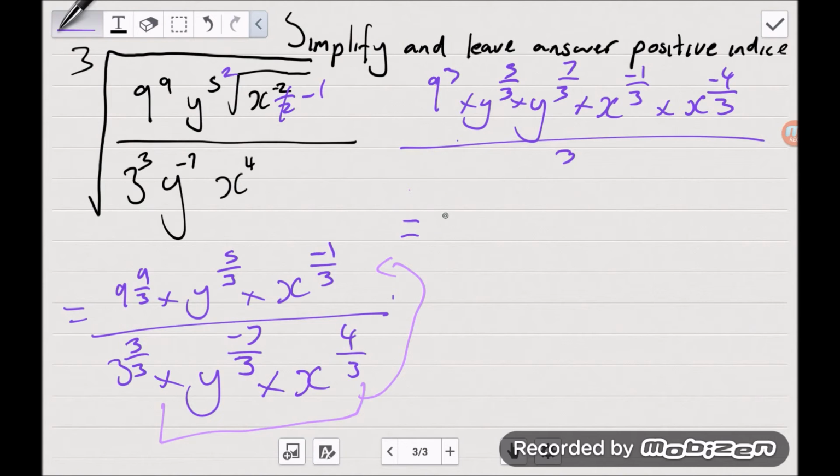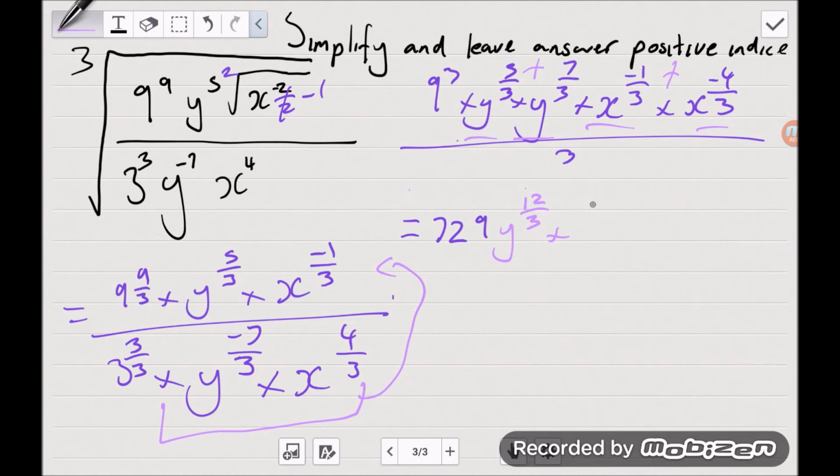Which equals 9 to the power of 3 is 729, and the index law states that if the base is the same, we can add the powers. So y to the power of 12 over 3, and since the x bases are the same, we can add the powers.